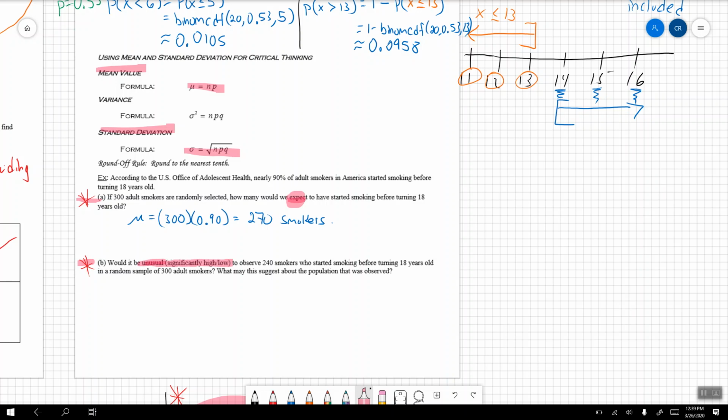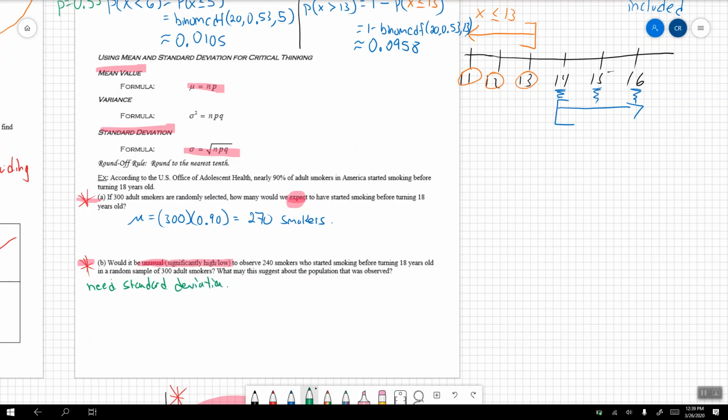Remember, that goes back to that 5% guideline, or more specifically from chapter 2, anything that's beyond 2 standard deviations, either above or below that mean. So in order for us to do this, we actually need a standard deviation.